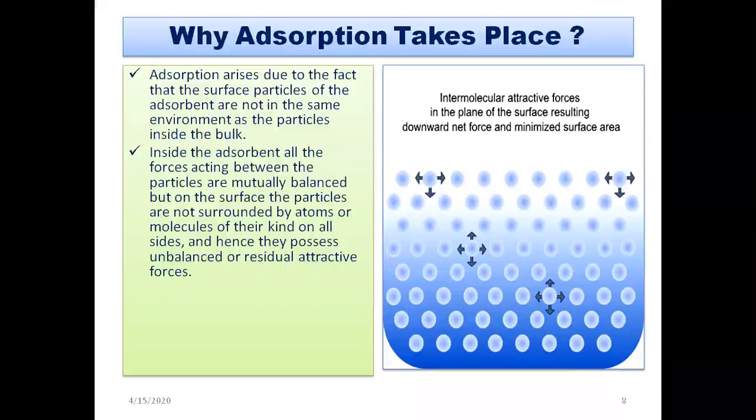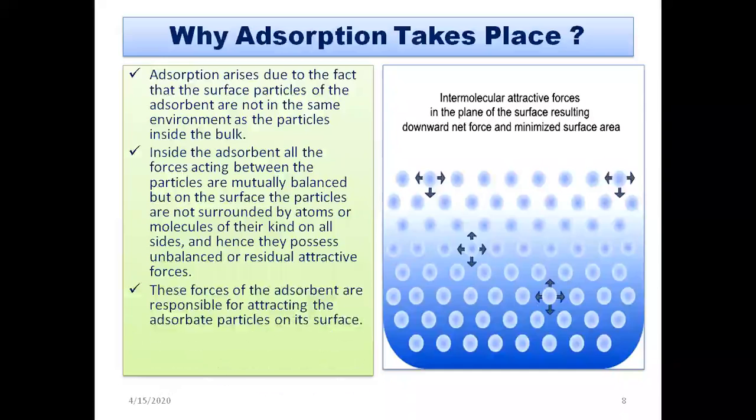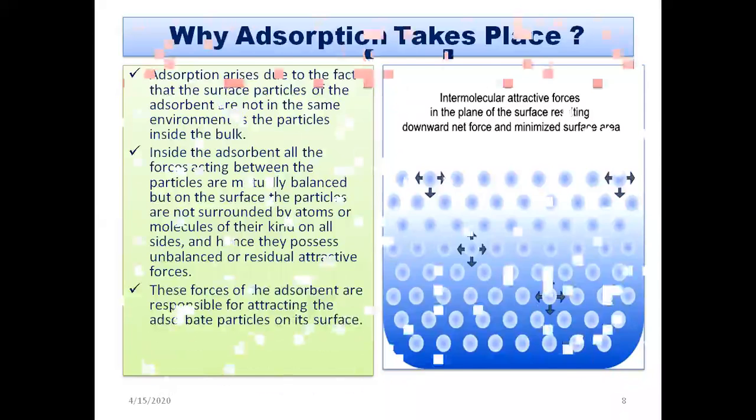Inside the adsorbent, all the forces acting between the particles are mutually balanced. But on the surface, the particles are not surrounded by atoms or molecules of their kind. Therefore, there is an unbalanced force or residual attractive force. To reduce the residual attractive force, adsorption takes place.